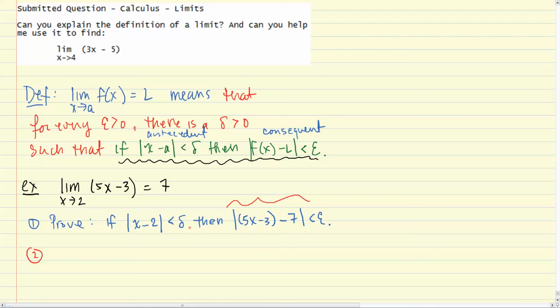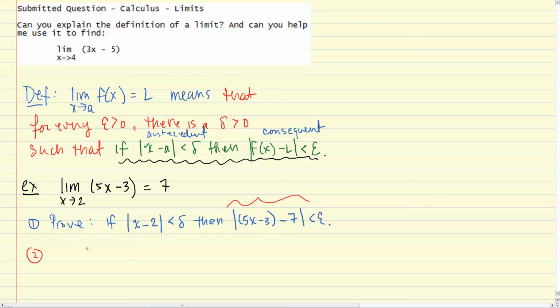So we need to find a delta that is a function of epsilon such that we can transform the antecedent into the consequent. The way we find a candidate delta is to do a sidebar calculation on the consequent and see if we can transform it into something that more resembles the antecedent.